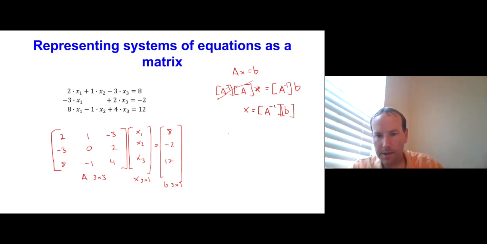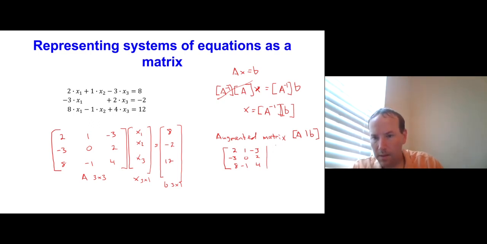When we're solving this, in the next lecture, sometimes we'll be talking about something called an augmented matrix. What that is, it's just putting A and B next to one another, like that. So I'll just write this out: minus 3, 0, 2, 8 minus 1, 4, 8 minus 2.